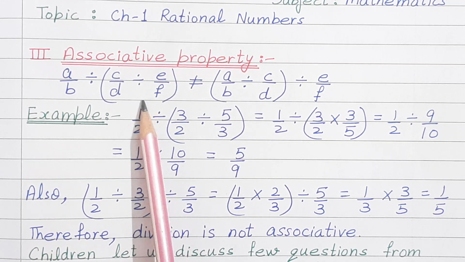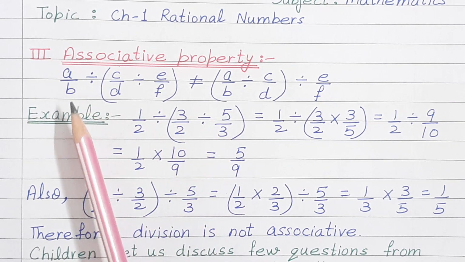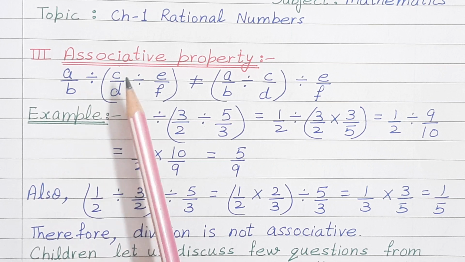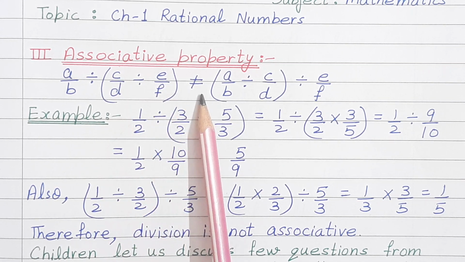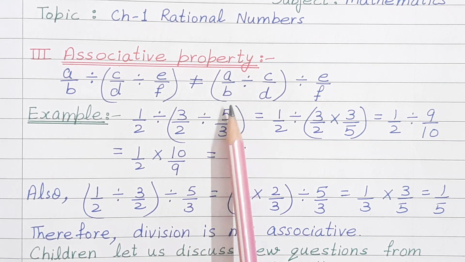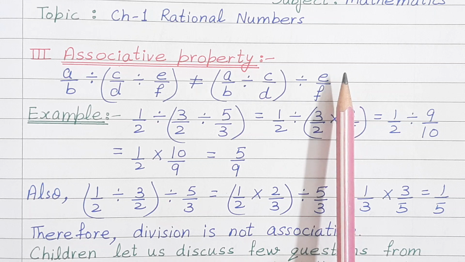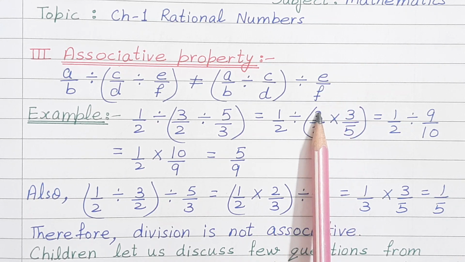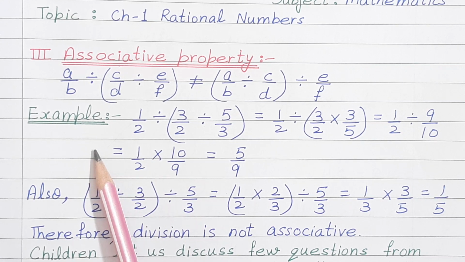Now let us discuss the next property, that is associative property. A upon B divided by C upon D divided by E upon F is not equal to A upon B divided by C upon D divided by E upon F, with the brackets grouped differently. Now let us try to understand this with the help of an example.